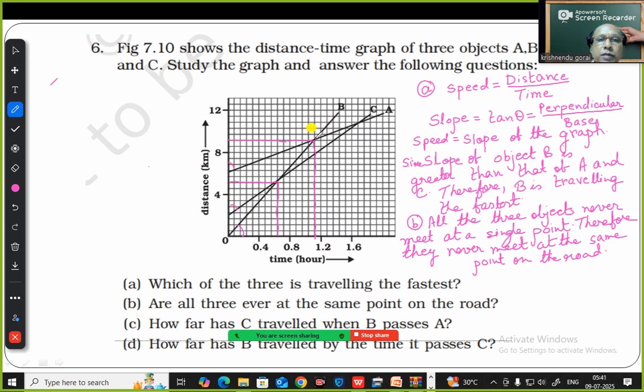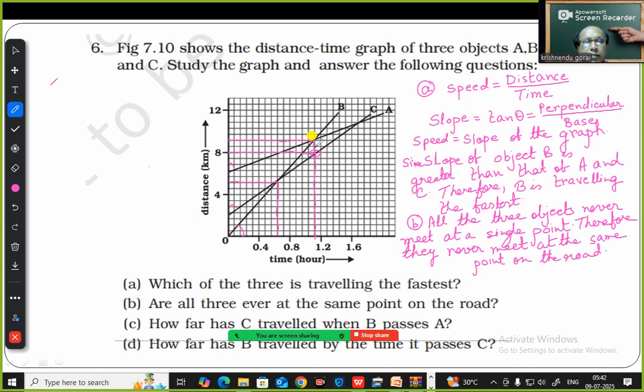We have to find the value of C here. When B passes A, the distance of C is this point, that is 8 kilometers.